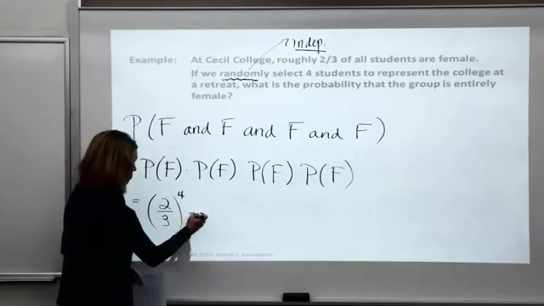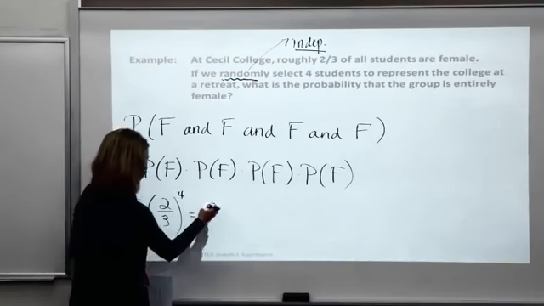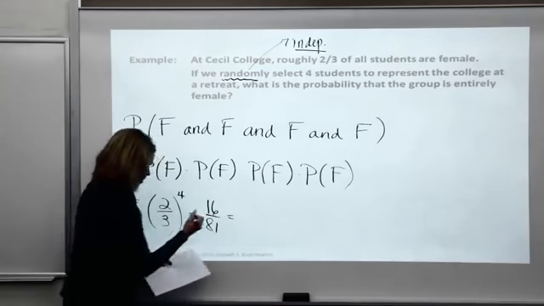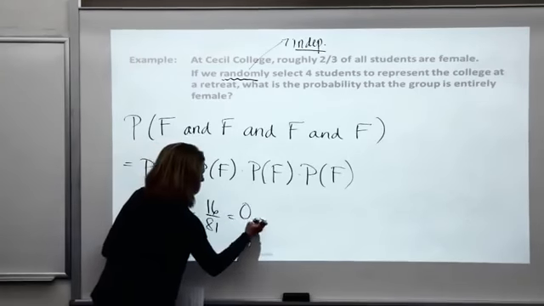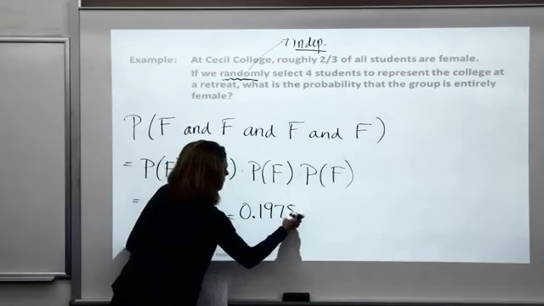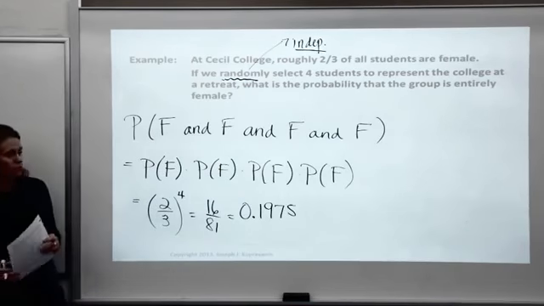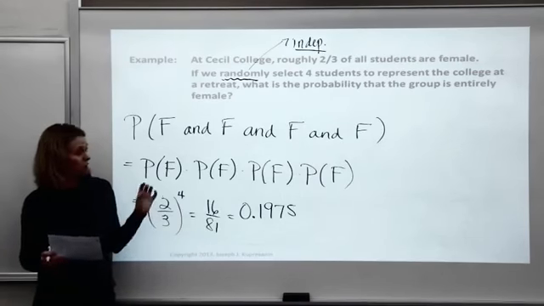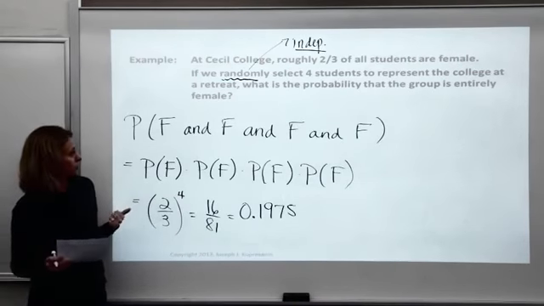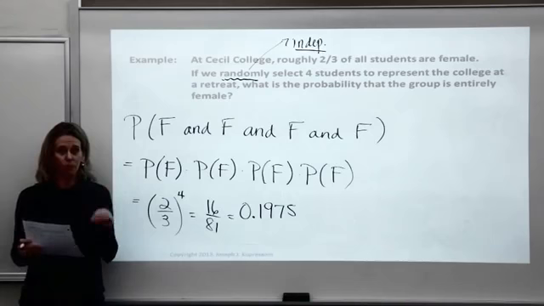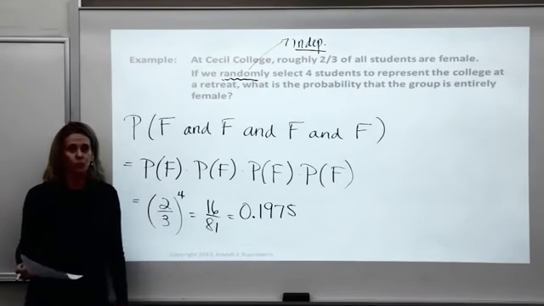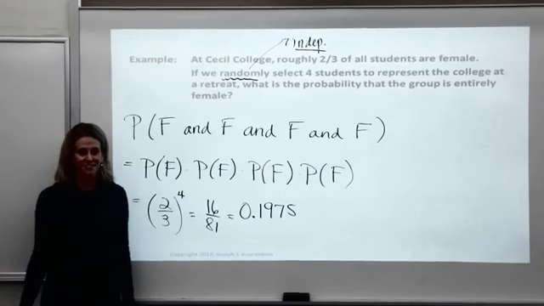If we raise each of these to the 4th power, we'll get 16 over 81 as a probability. That's 0.1975, about a 19.75% chance of selecting 4 students at random from the college and having all 4 of them be female. So, one more application of the multiplication rule for independent events. That's it.